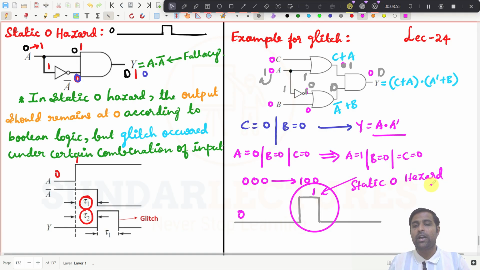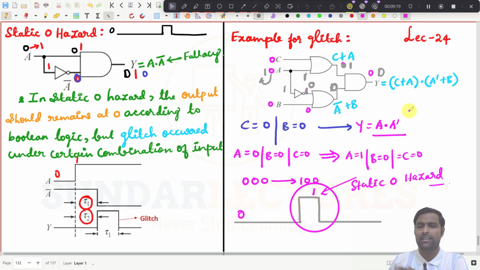So what is the point here? You need to note, whenever you have this fallacy condition for any one input change, then obviously that particular circuit will have a static zero hazard. So we have just confirmed this. And what will we do now? How to detect the static zero hazard? By seeing the equation, you have to do so many things, right?